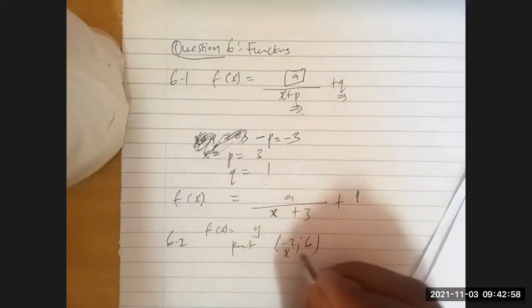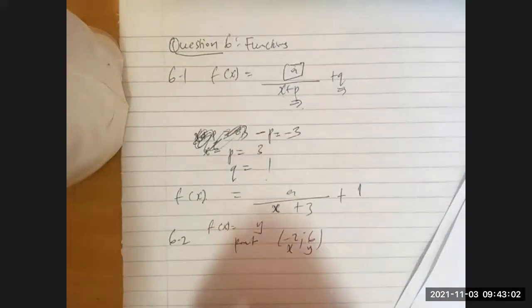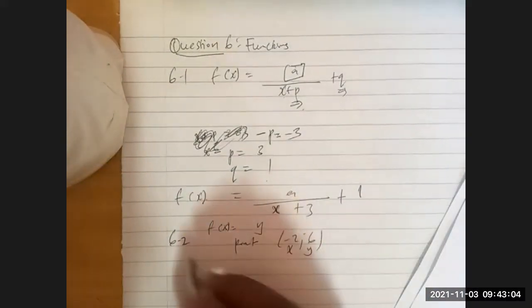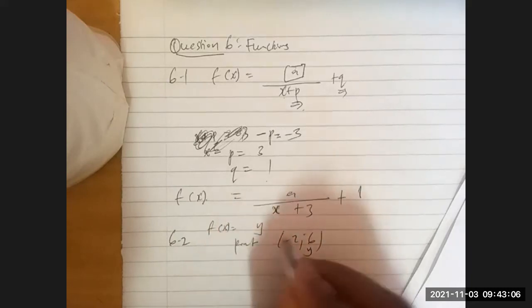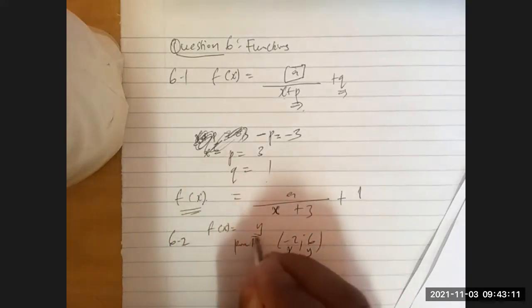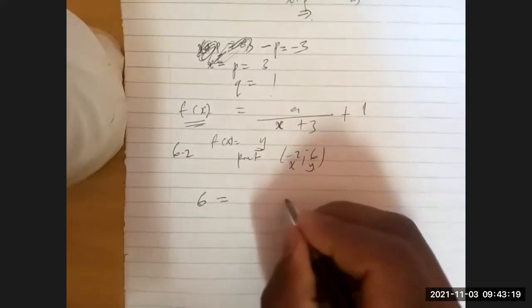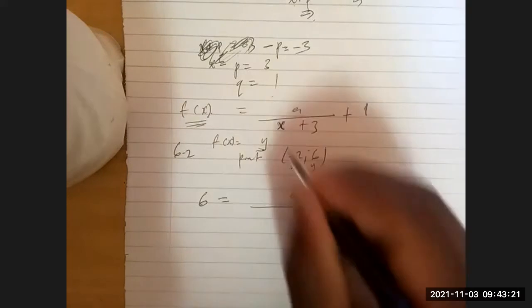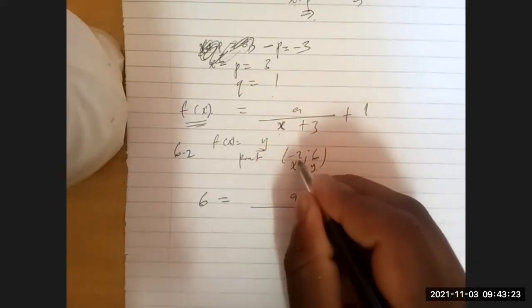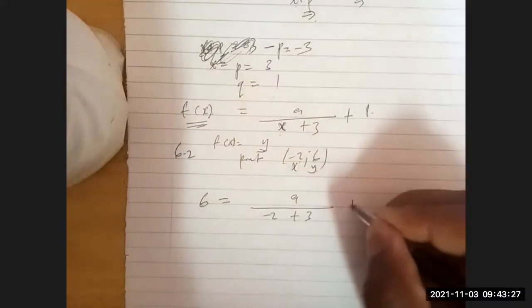This one is x and this one is y here. So I'm saying f of x is the same as y. When I have f of x, I said it's the same as y. So what is y there? Y there is 6. So 6 is equal to a over, what is x there? x is -2, plus 3, and then plus that 1 there, right?